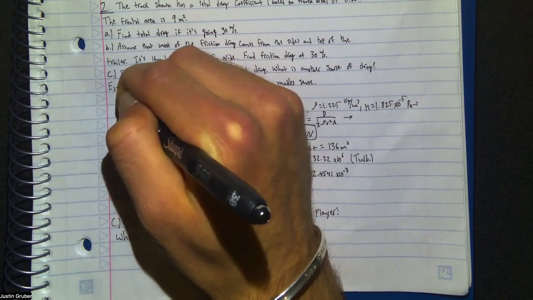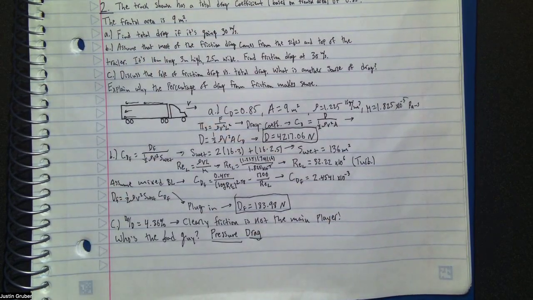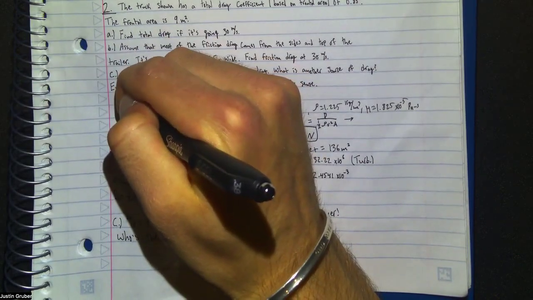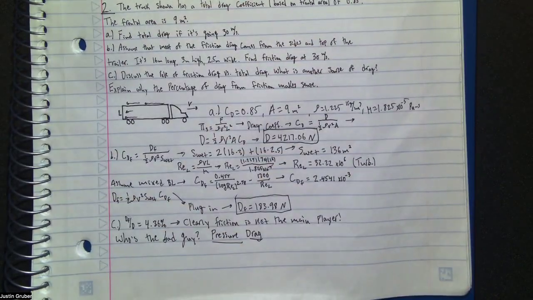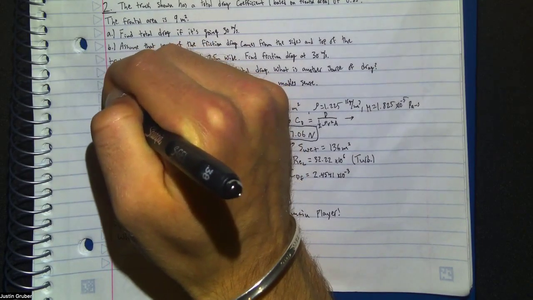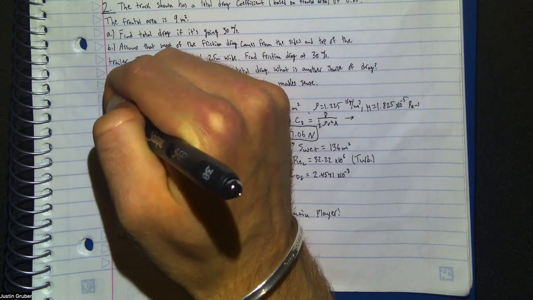But at the very back of this truck, because you just punched a huge hole in the air going 30 meters per second, you've got a huge area of low pressure back here. And what do we know happens with fluids when they're at a high pressure and they meet an area of lower pressure? They want to go to that area. And so you get all of these rear end vortices.